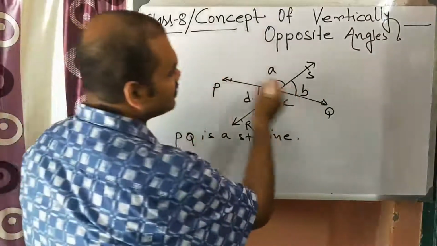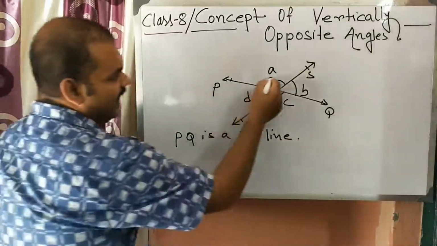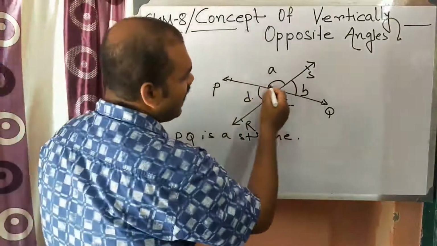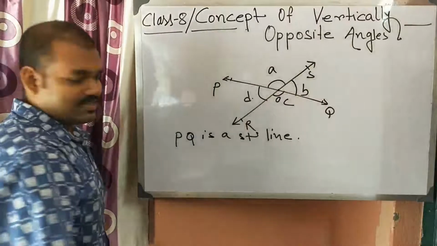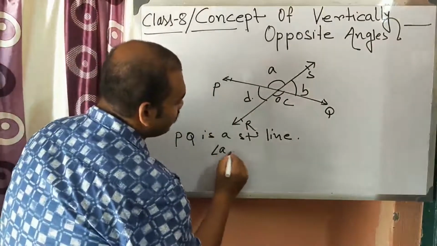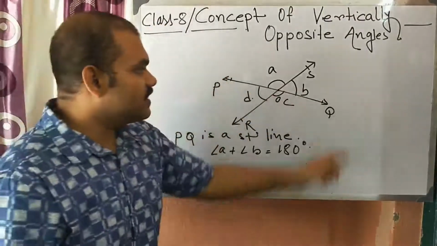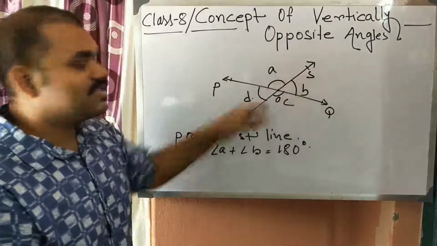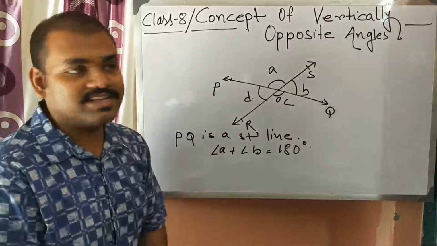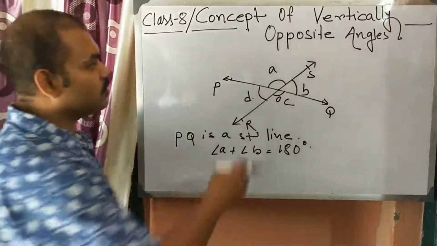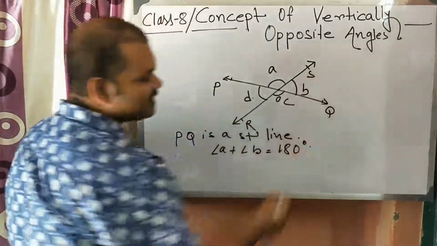So the angles on the straight line formed when SR intersects it are A and B. So angle A plus angle B is equal to 180 degrees, because PQ is a straight line and SR is another line segment which intersected at O. So the two angles formed are equal to 180 degrees, because the total angle is a straight angle.